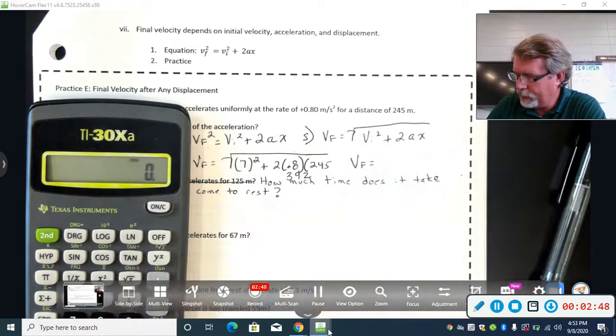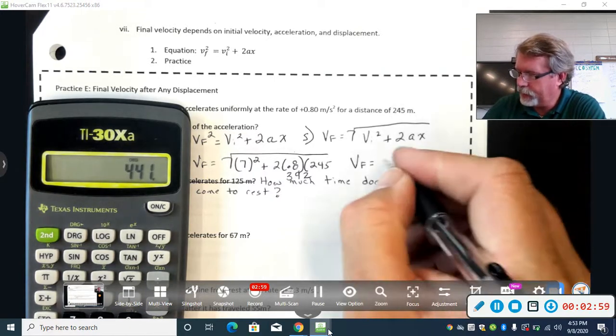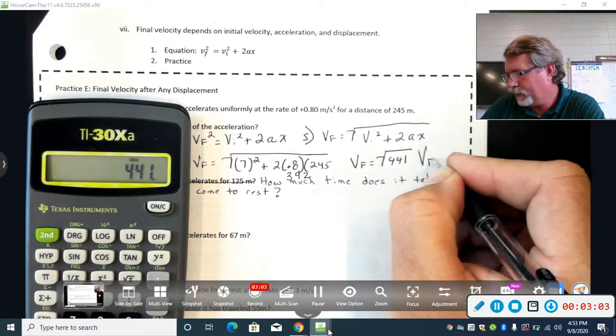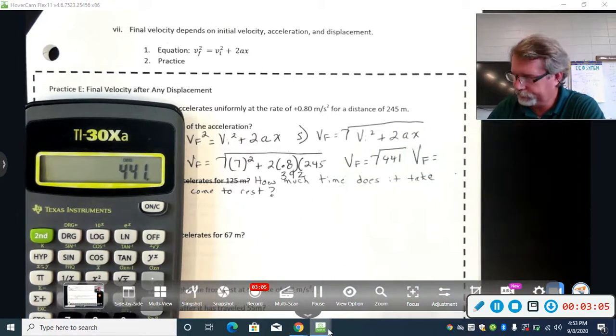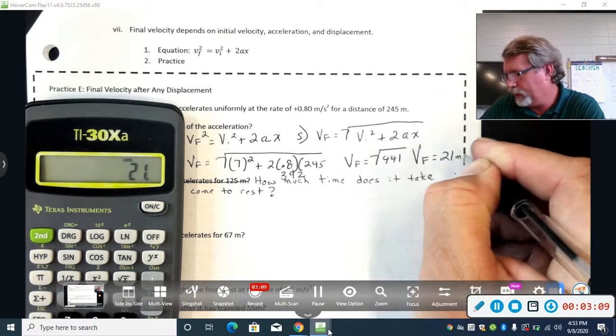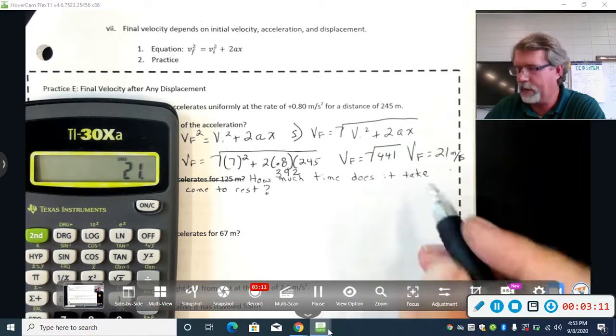Then 7 squared plus 392 equals 441, and we take the square root of 441. The final velocity equals 21 meters per second.